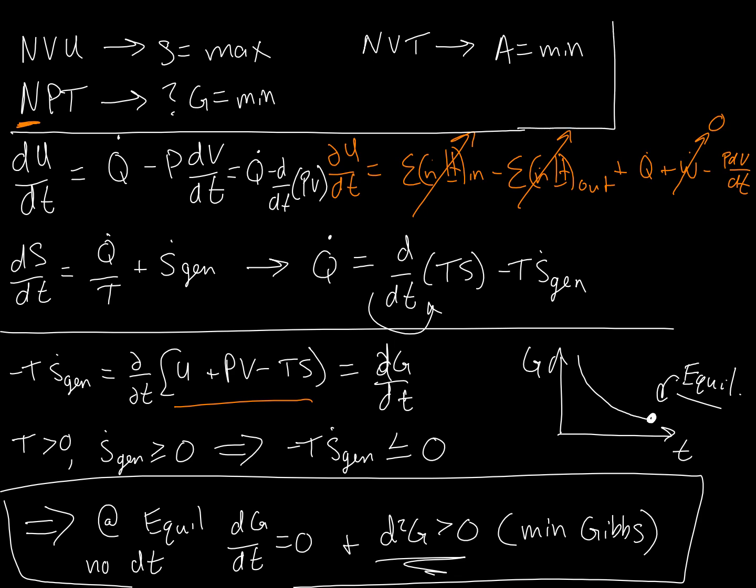So if you ever look through the thermodynamic literature, one of the goals that I want everyone to walk away with from this class is that when you pick up a paper that talks about a thermo model, it could be some stat mech model, a molecular simulation, or a bulk classical thermodynamic model, I want everyone to recognize why some people work in G and some people work in A. What's the difference?